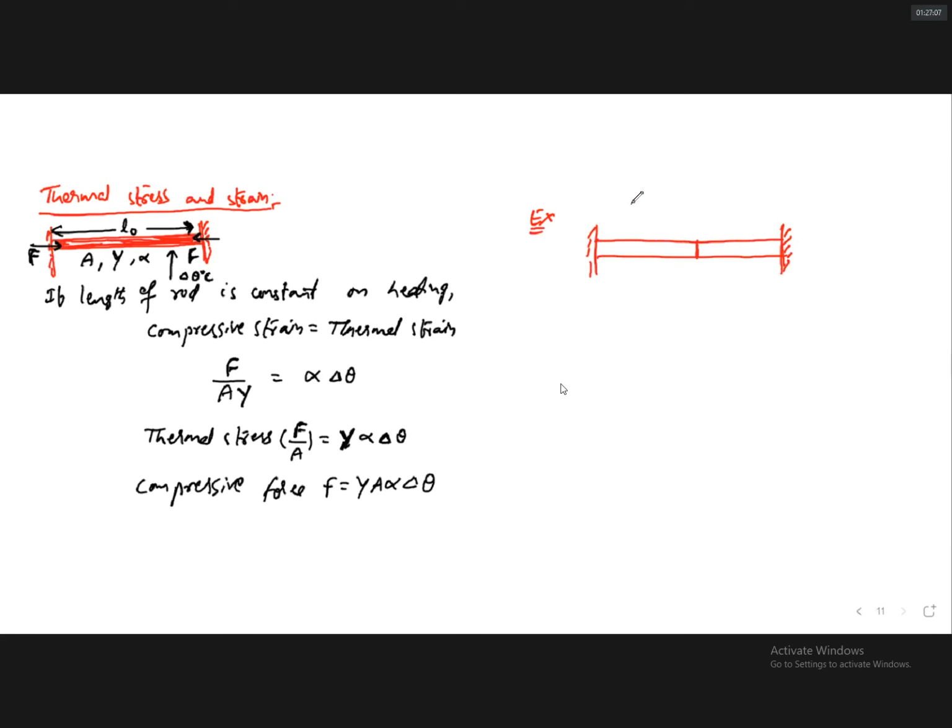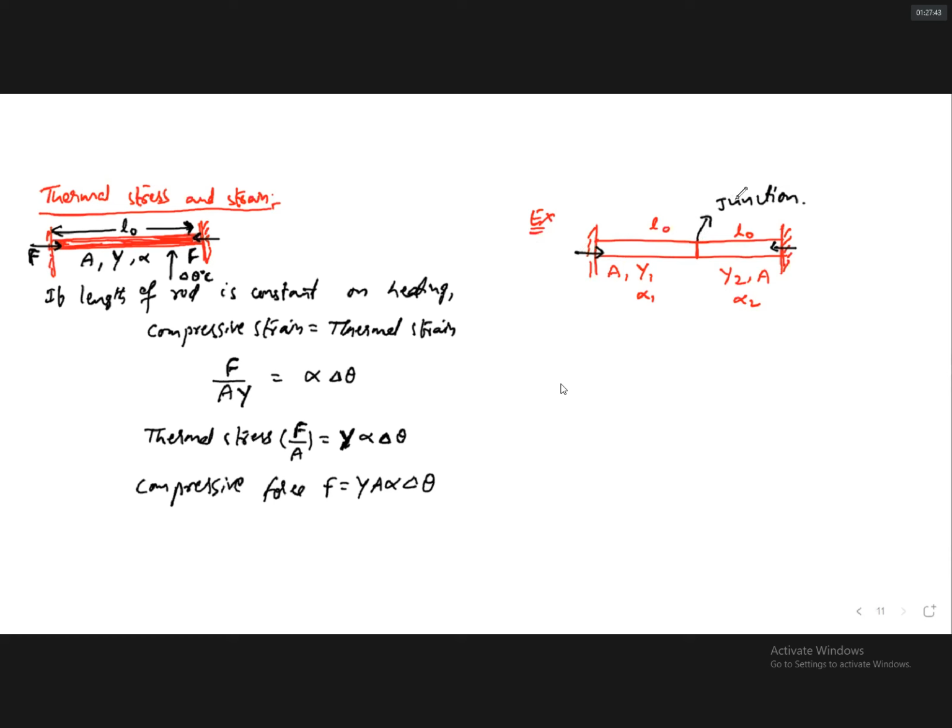The length of each rod is L0, Young's moduli of the rods are Y1 and Y2, and alpha 1 and alpha 2 are the coefficients of linear expansion. The area of cross section of each rod is A. On heating, each rod will experience a compressive force. This is the junction.